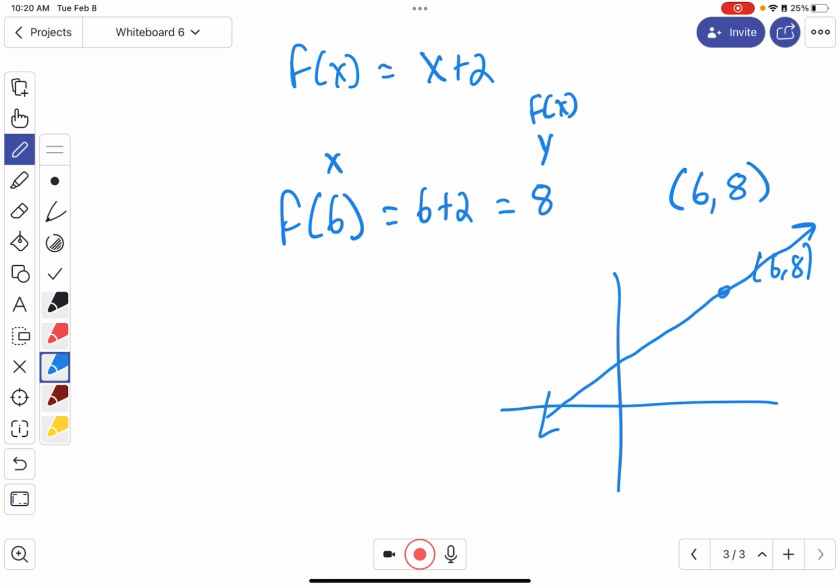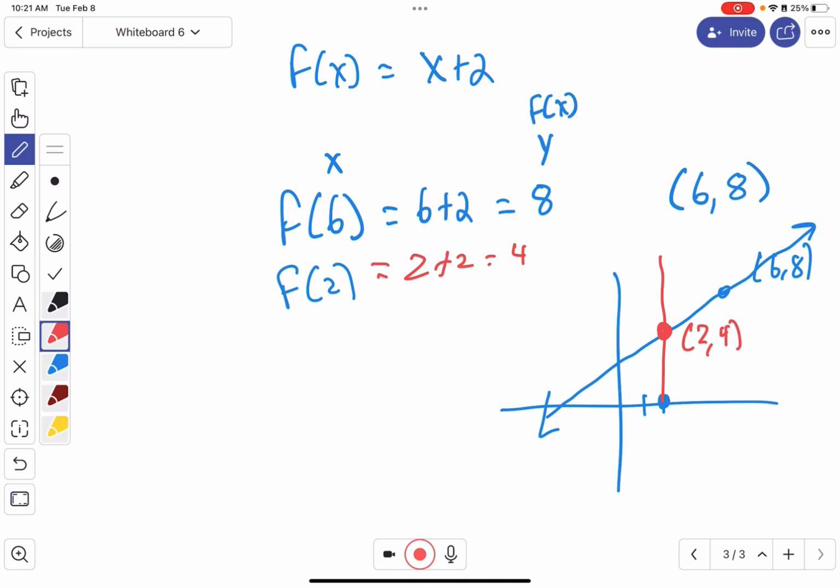So let's say that I wanted to find f of 2. In other words, when my x value was 2, where does my y value fall? I know that x coordinate is going to be 2. I want to know where that y value is going to fall. Well, in this one, it's just 2 plus 2, which is equal to 4. So I know that the point (2, 4) has to fall on that graph.